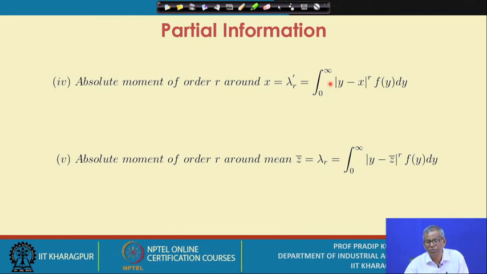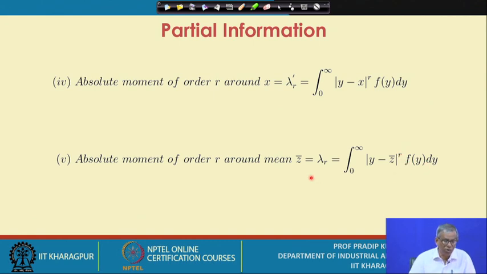So it is the integration from 0 to infinity of absolute y minus x to the power r Fy dy, because this is the absolute moment of order r around x, and this x could be the mean z bar. So the expression for the absolute moment of order r around mean z bar, the standard notation is lambda r, the integration from 0 to infinity of absolute y minus z bar to the power r Fy dy.